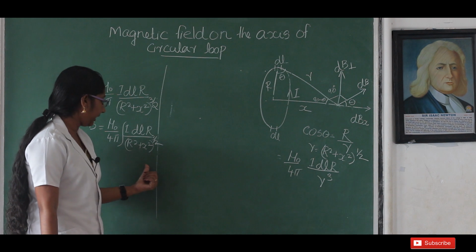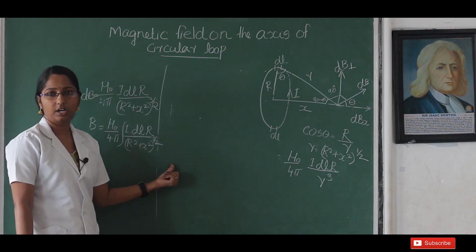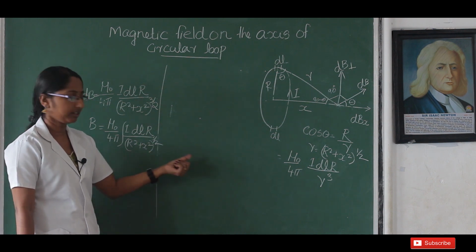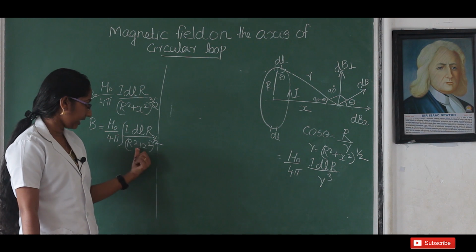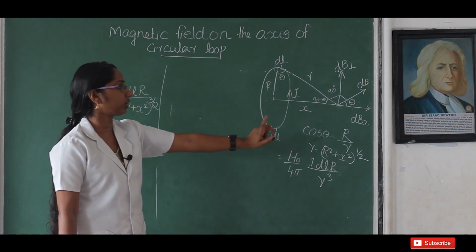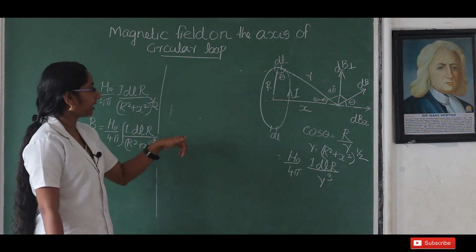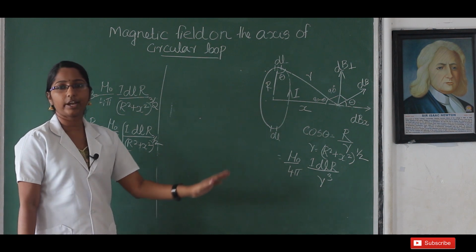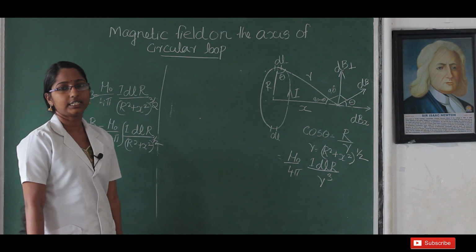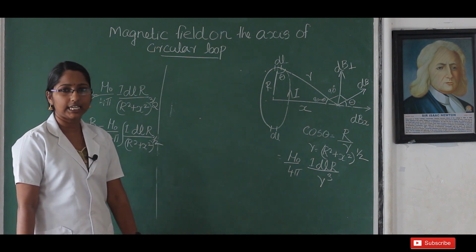When we are integrating, we want to take the constant outside. We know this r is radius and x is the distance from center to the point P, and this I is a constant current flowing through the loop. So the only changing quantity is dl, so we want to integrate that dl.